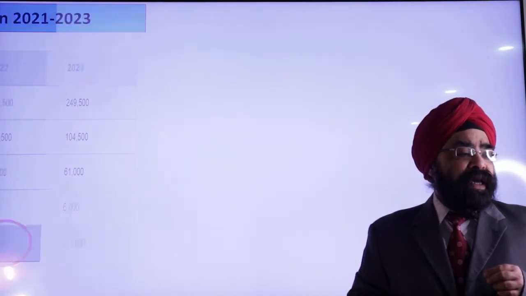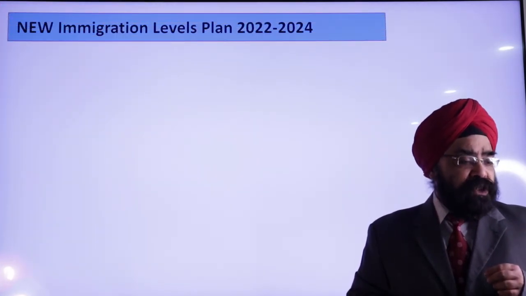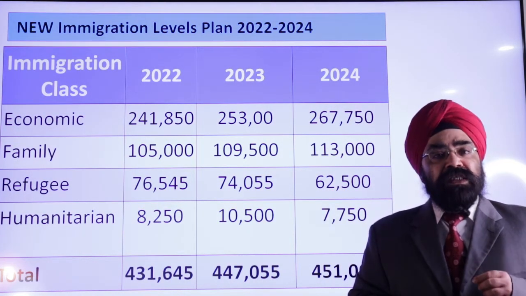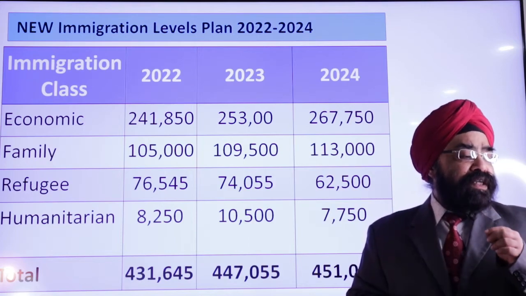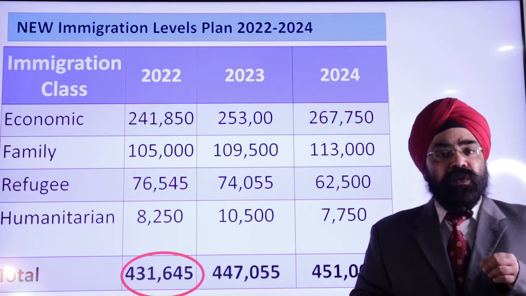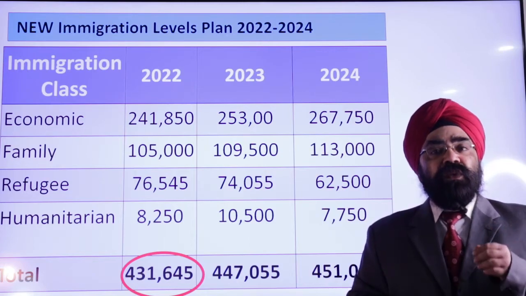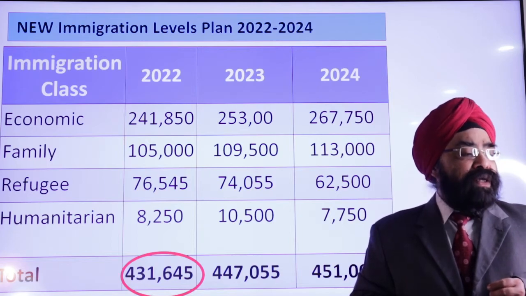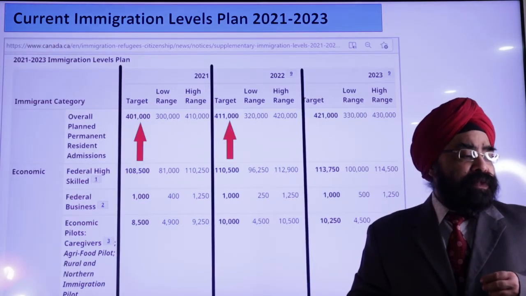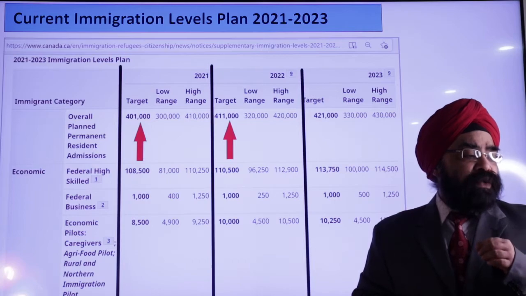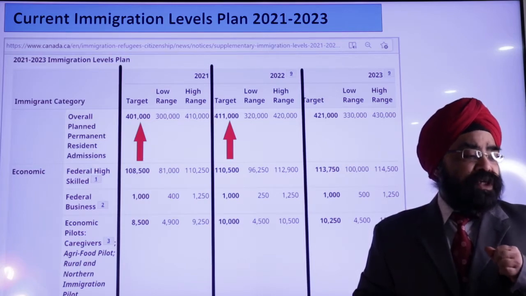The new immigration plan you can see is this one, and as per the new immigration plan, the number is increased. So 431,000 immigrants will be called in 2022, and the number is going to increase for 2023 and 2024. I will share the link in the description box also, but I want to share the numbers here. So 411,000 numbers for 2022.